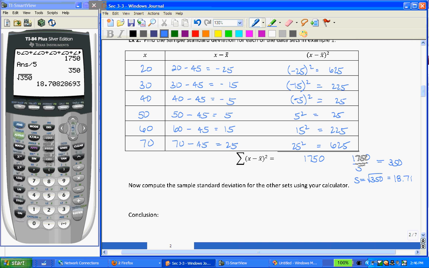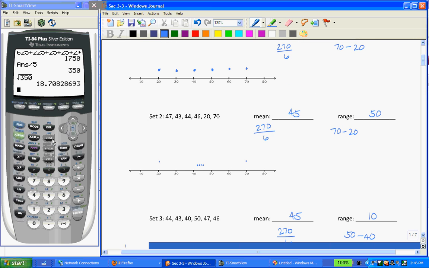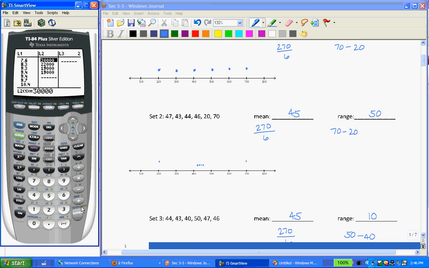So let's go ahead and use our stat function in our calculator to do it for the other sets. So for set 2, I go in the stat, edit, and I'm going to clear this out. I don't need that anymore.